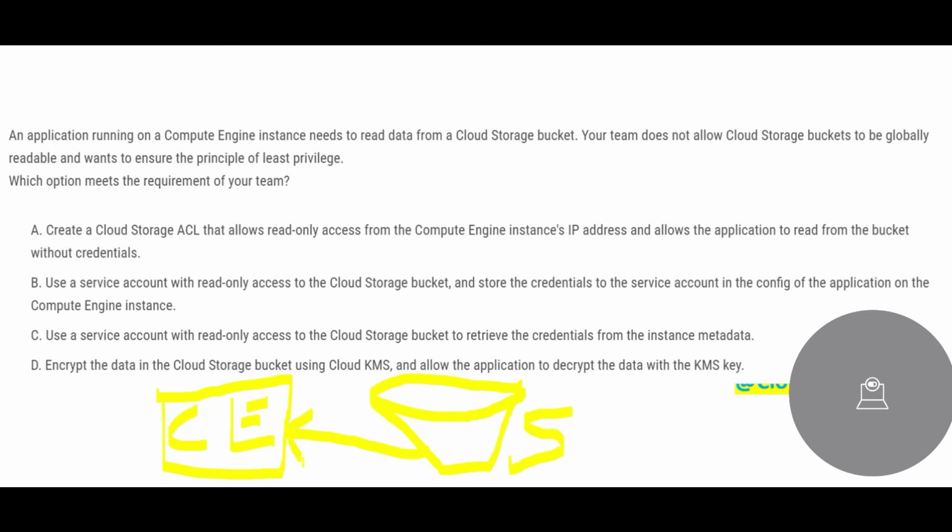So what is the problem? Just go ahead and read it. No, we are saying that this storage is not global. Globally people cannot access it. It is specifically for that region. Why? Because they want to ensure the principle of least privilege. What does that mean? If you're entering the Infosys building and you are not an employee, you will be restricted to the ground floor in the reception area.